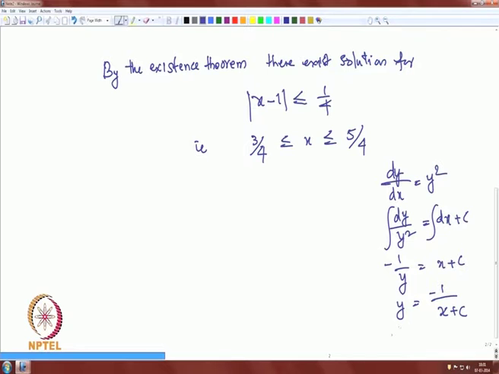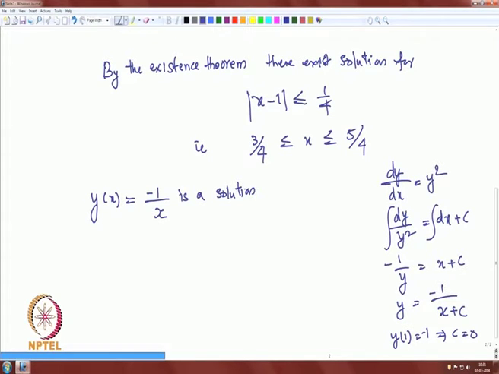Putting the initial condition y at 1 is minus 1 gives us c is equal to 0. So the solution which we get by the analytical method is y of x is equal to minus 1 by x.